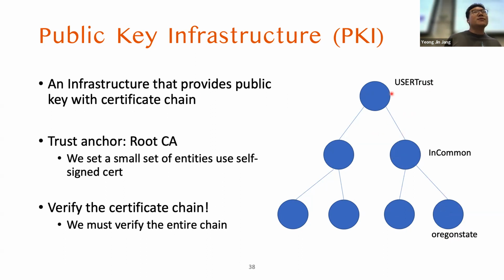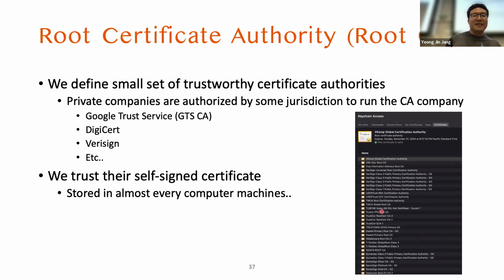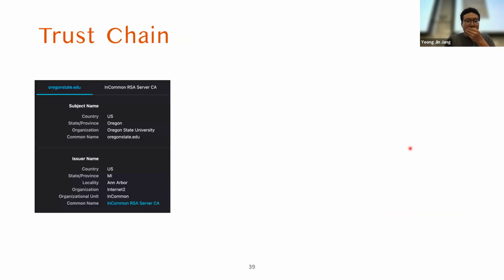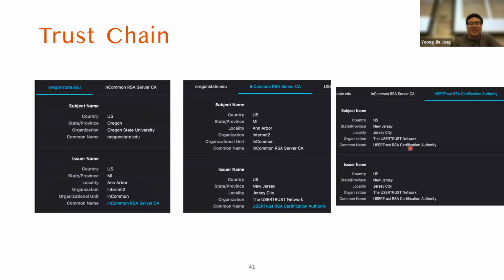We should go up to the root CA, and then verify that we have the security anchor in our computer, checking every single entity on the certificate trust chain. For the OregonState.edu certificate, we have this certificate chain: this one is verified by this certificate, and this one is verified by the last one, and the last one is self-signed.